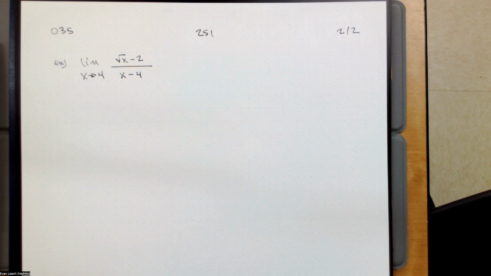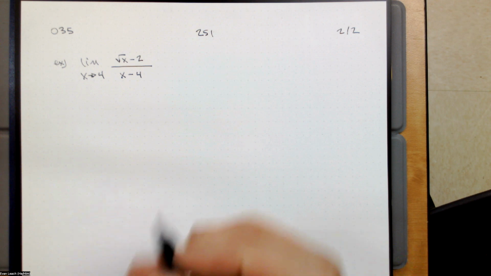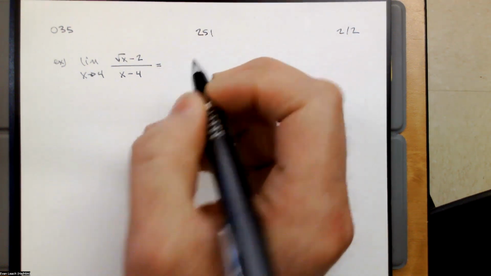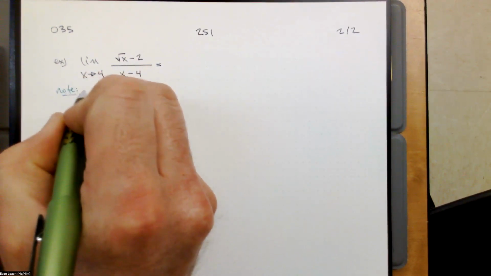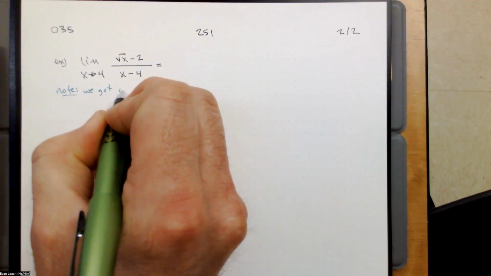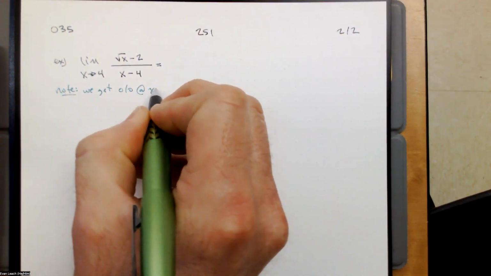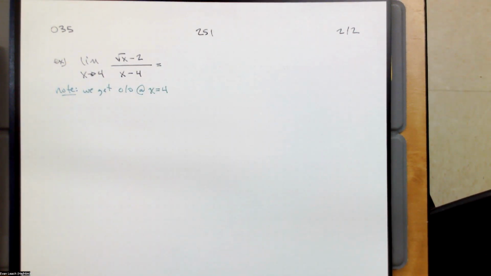Notice if I plug in 4, I get root 4 is 2 minus 2 is 0. And in the denominator, 4 minus 4 is 0. I get 0 over 0 at 4. That tells us there's something to factor and cancel. Not something obvious for us to factor and cancel if we've gone through the standard algebra training. So we can still factor the difference of squares. So note, we get 0 over 0 at x equals 4, suggesting there's something to cancel.